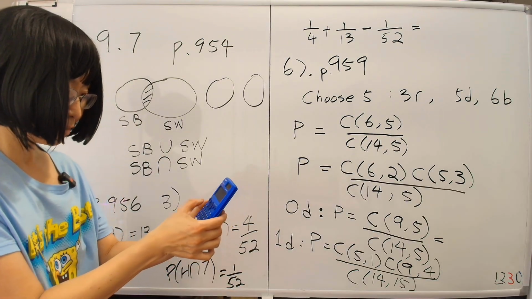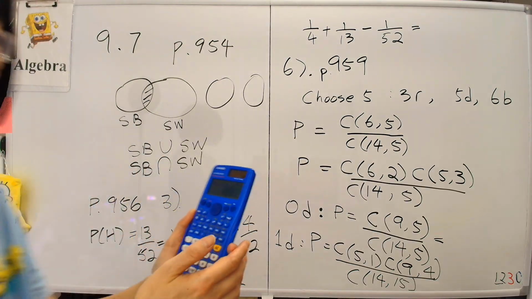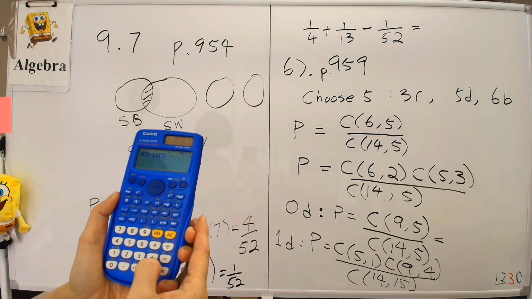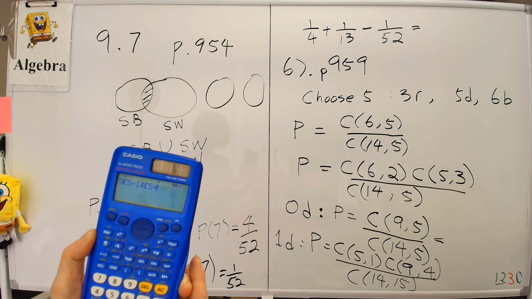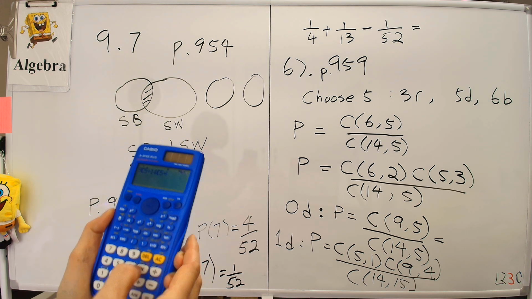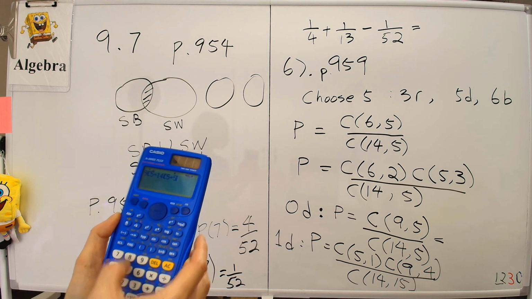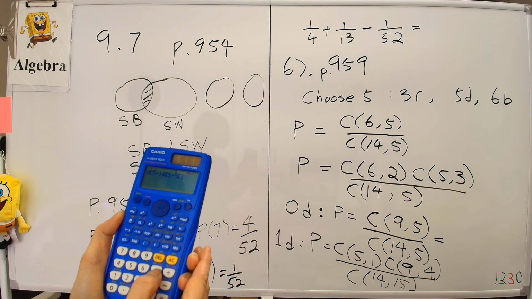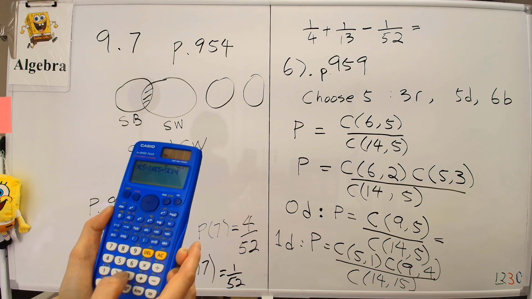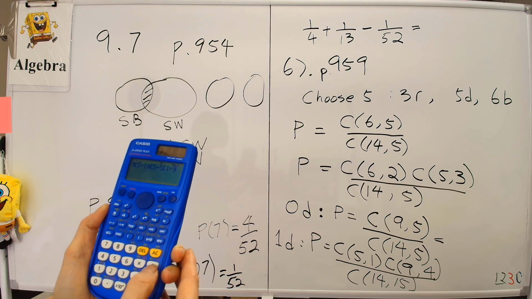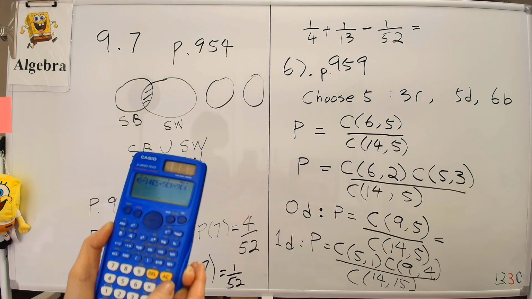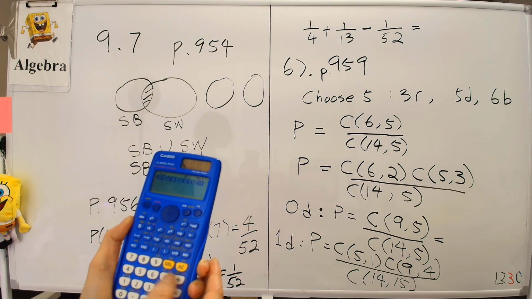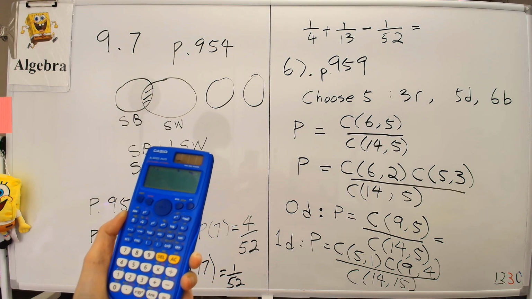So let me go back. 9 choose 5 over 14 choose 5 is when there are 0 dogs. Okay, and then let's continue. Plus 5 choose 1 times 9 choose 4, also divided by 14 choose 5.